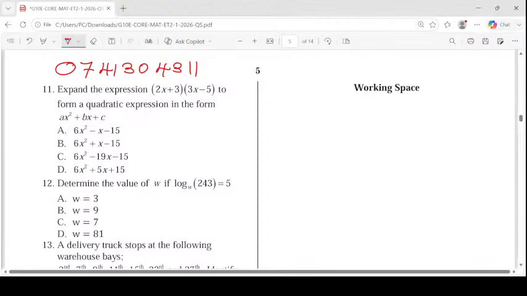Expand the expression 2x plus 3 into 3x minus 5 to form a quadratic equation in the form ax squared plus bx plus c. When you expand this, it will be 2x into 3x minus 5 plus 3 into 3x minus 5.